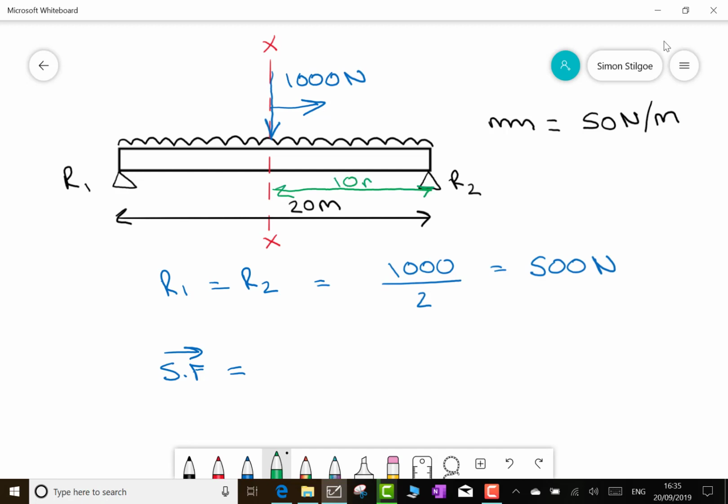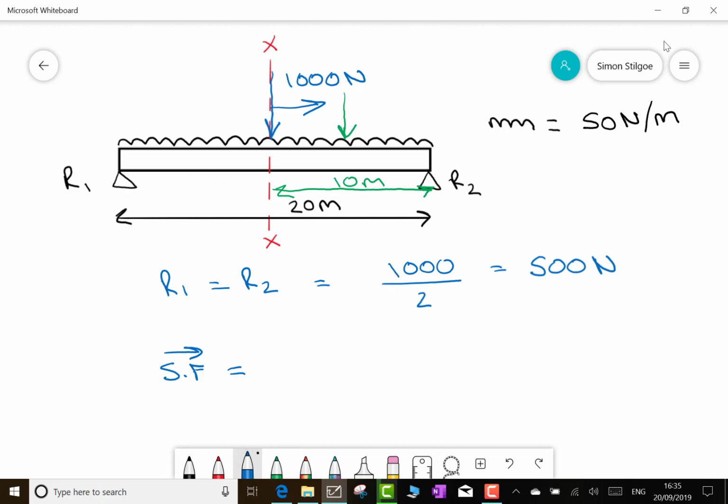Well, 10 metres as a section, dividing it by 2, now puts my load right there at the 5 metre mark. And that load is going to be our 50 newtons per metre multiplied by the distance over which it acts. It's acting over 10 metres and we've got 50 newtons for every metre, so therefore the load there is 50 multiplied by 10, which gives us 500 newtons.